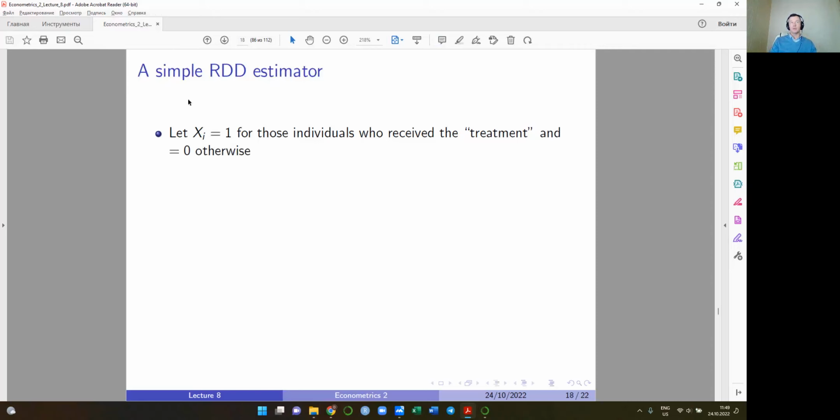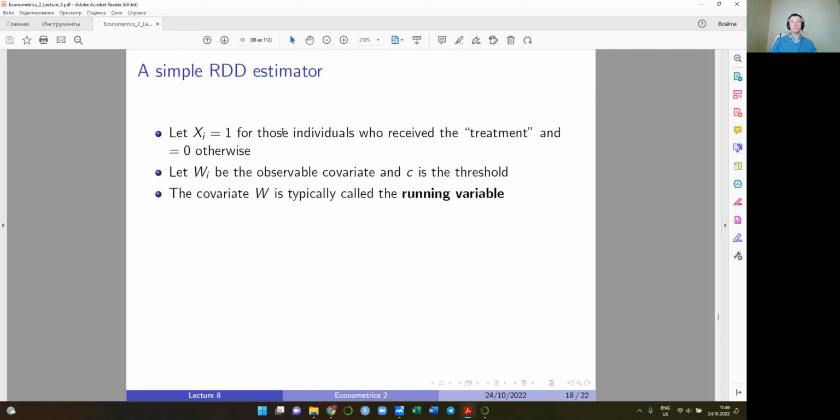variables. So let us introduce the dummy variable x equals 1 for the treated individuals and 0 otherwise. And let w be some observable variable, a continuous variable, it is not binary, and c is some threshold. Then treatment, x 1 or 0, depends on this variable.